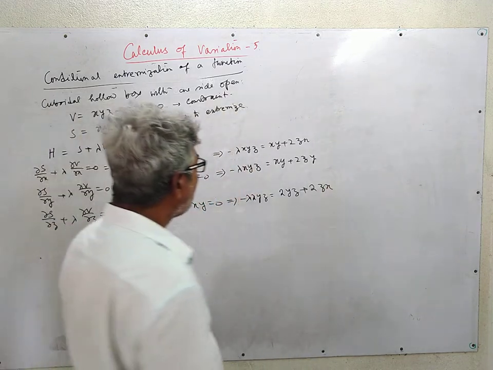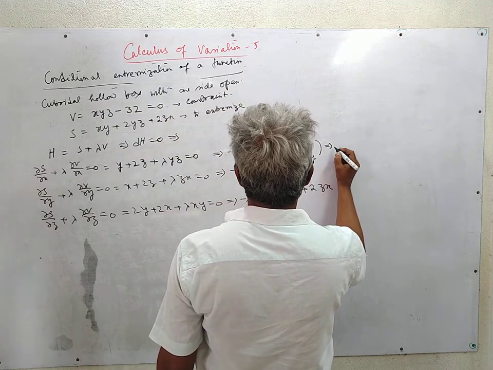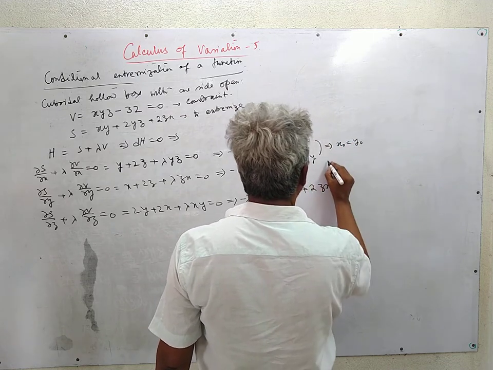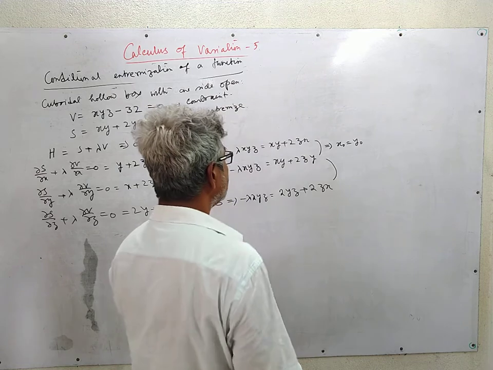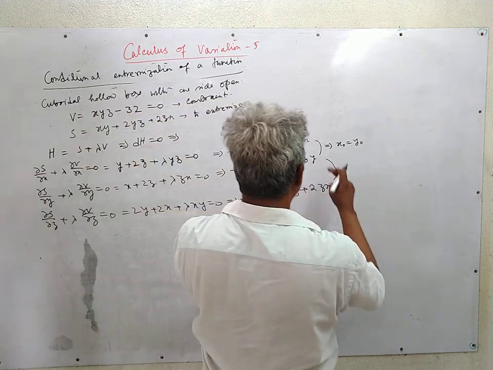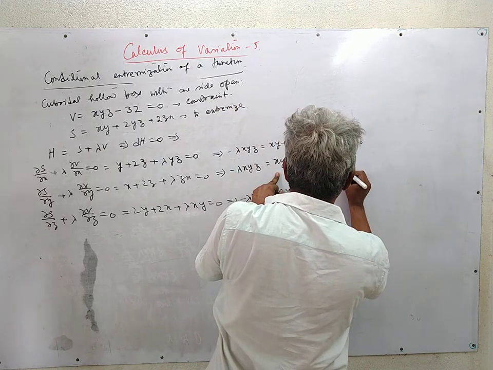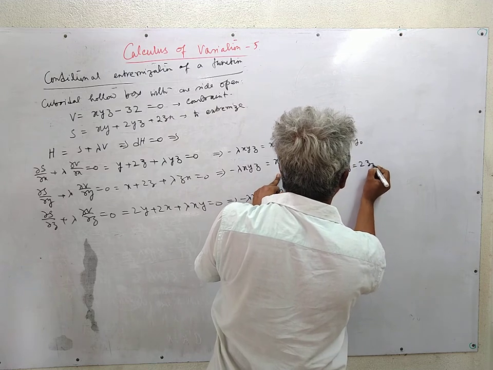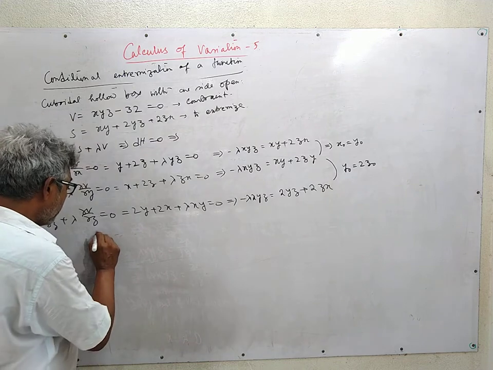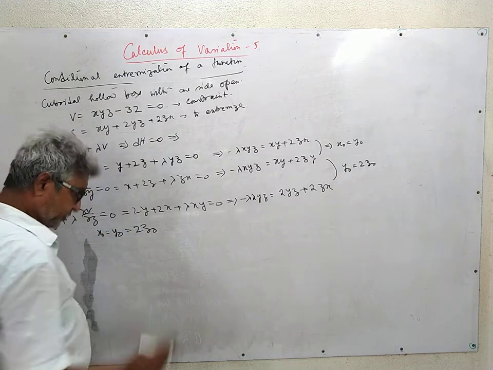If we equate these two equations, we get that x0 = y0. If we equate these two equations, the two zy terms go and we get y0 = 2z0. So we get the condition that for an extremum value we must have x0 = y0 = 2z0.